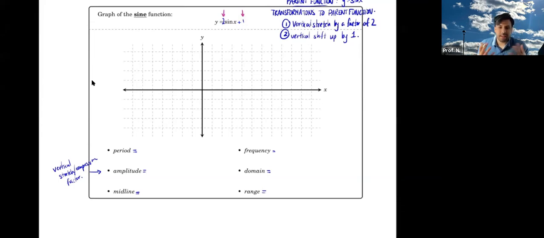So I'm shifting sine and I'm moving everything up by 1. So the first thing that should change immediately is the midline. So the vertical shift up or down affects the midline. Originally, well, the amplitude is just the distance, so the amplitude is not going to be affected by the midline. What will affect, in addition, the vertical shift is the range.